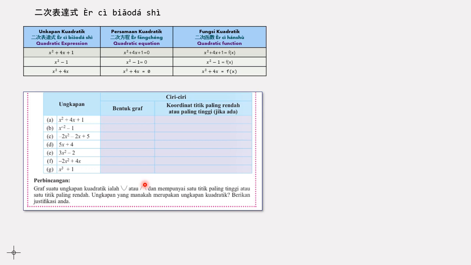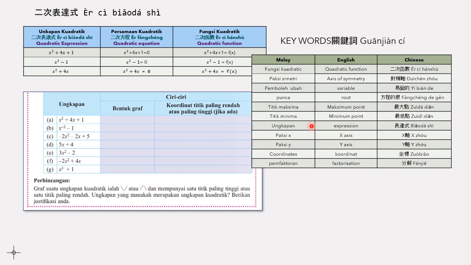Okay? So these are the keywords that you need to remember. So both of you remember to memorize all these pinyin or Chinese characters here, the Chinese meaning of the key terms that I have shown here.